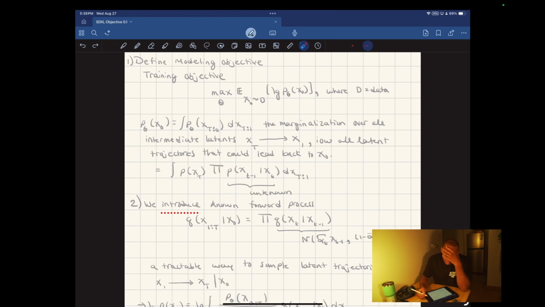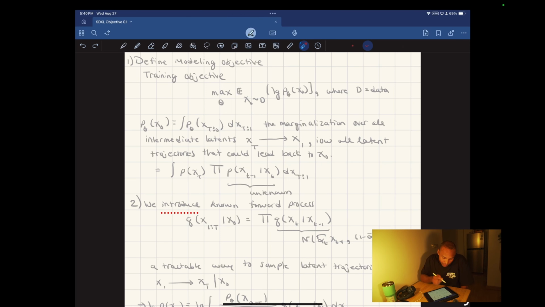X naught is our original image. The reason I'm doing this from T to 0 instead of from 0 to T is just to show you that we're doing the denoising process, where we go from a really noisy image to a clean image. You'll see it as x0 to T, but I think it's a bit more clear when I do xT to 0, so you can see the directionality.